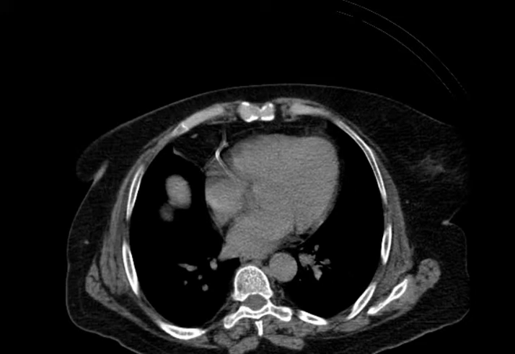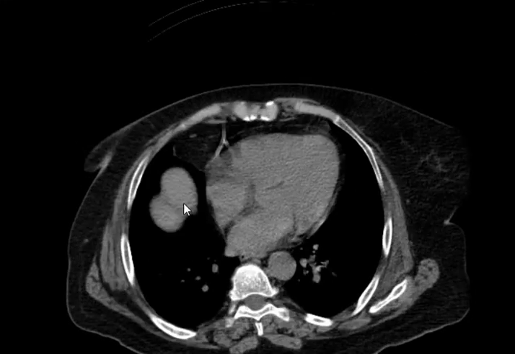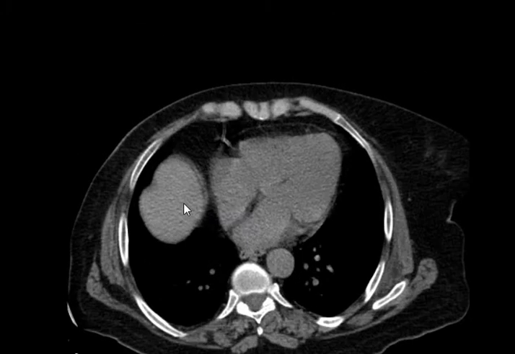This is a CT scan of a female patient, I think. I'm not so sure. Like 60 years old, something like that. CT abdomen and pelvis with oral and IV contrast. She's having some abdominal discomfort and things like that.